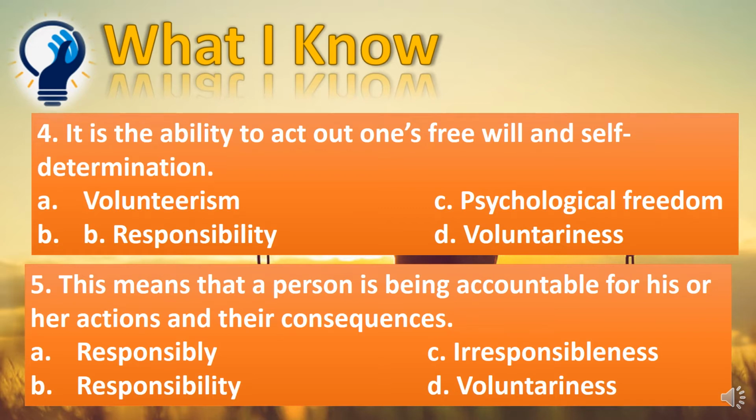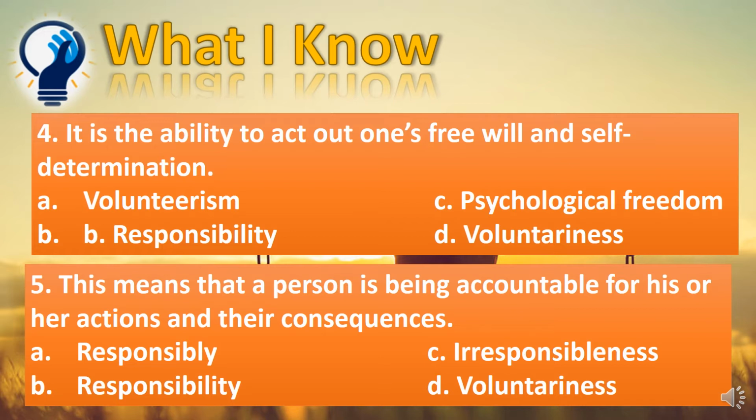Number 4. It is the ability to act out one's free will and self-determination. A. Voluntarism. B. Responsibility. C. Psychological freedom. D. Voluntariness. Okay, please answer. Yes, the correct answer is A. Voluntarism.